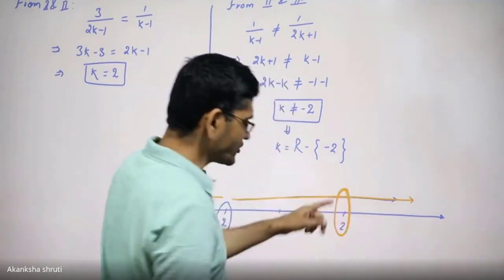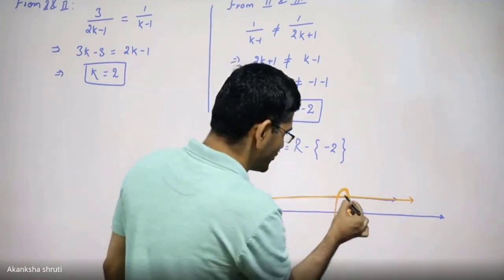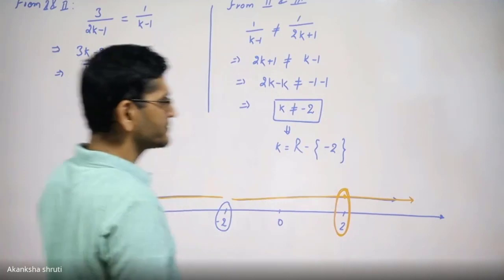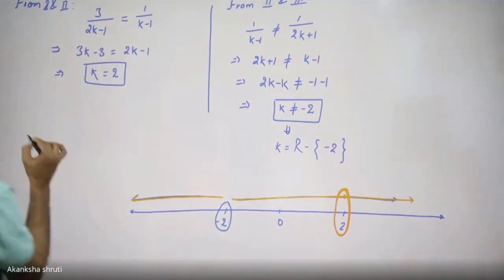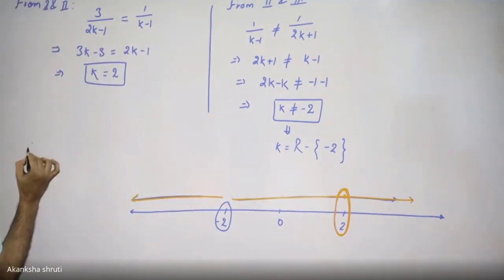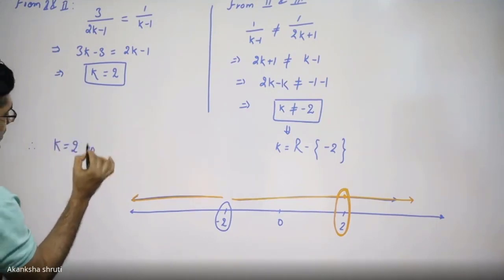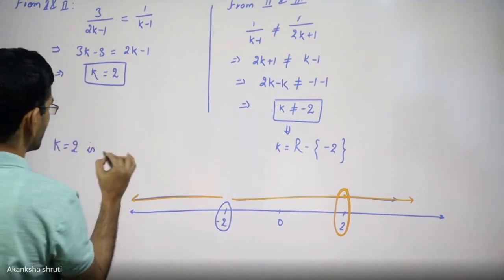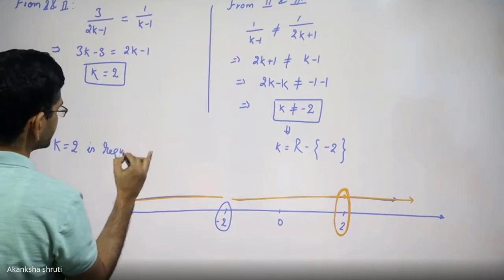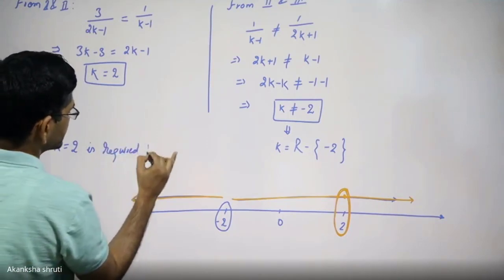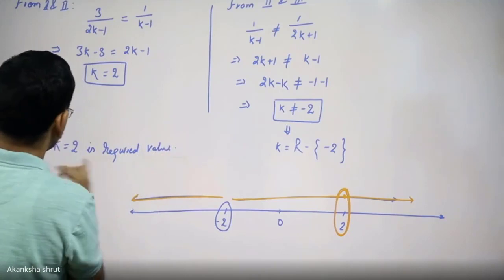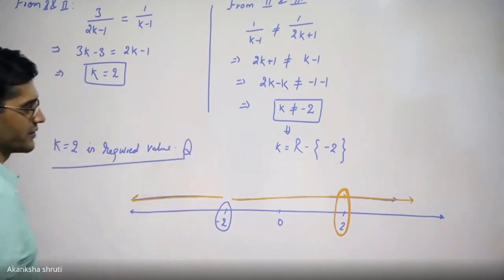So what is the common point, or the common value? It is 2 only. So this tells that therefore k equal to 2 is the required value. So this is the answer.